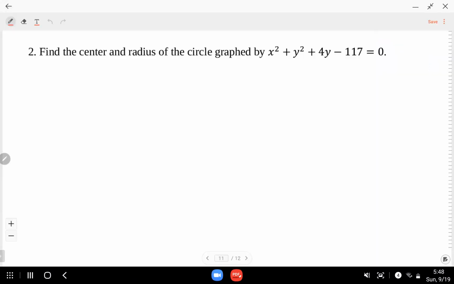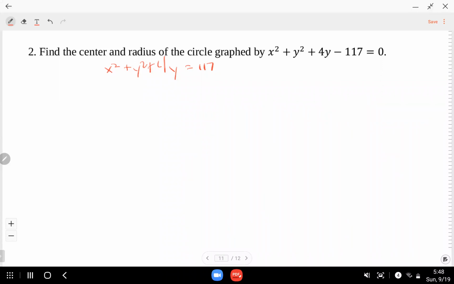We complete the square here. Okay, so we get x^2 + y^2 + 4y = 117. Then you need to recognize that (y + 2)^2 = y^2 + 4y + 4.